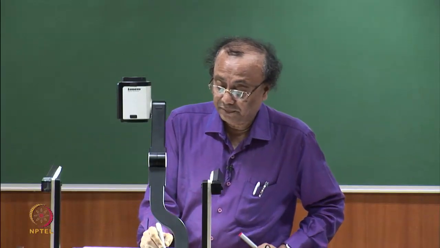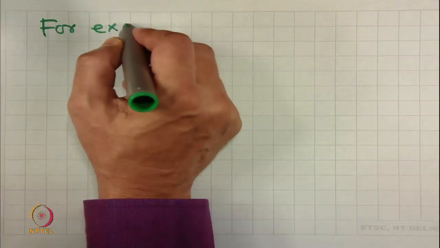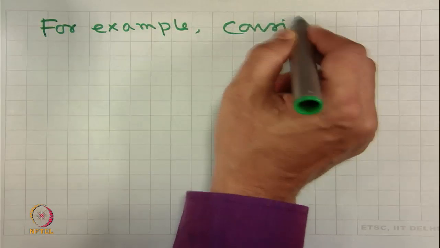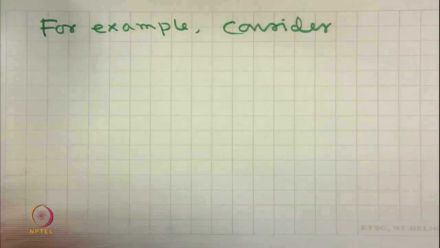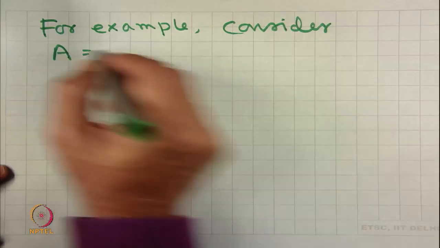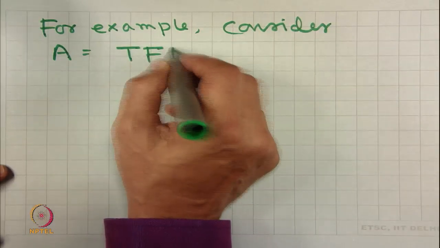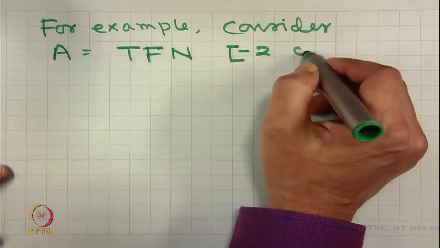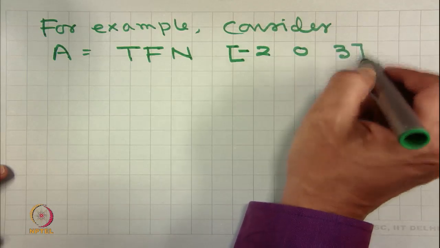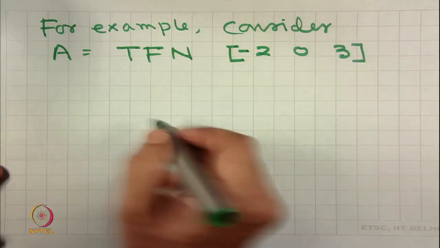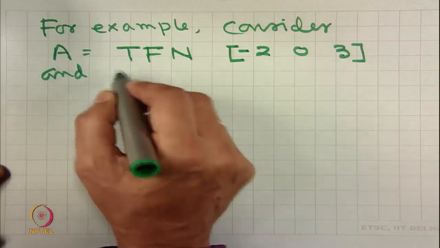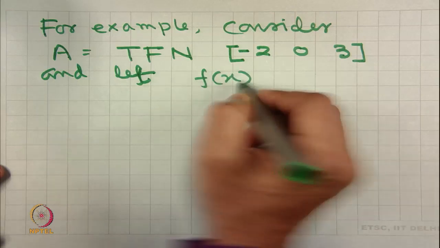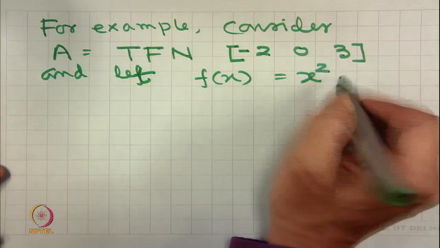For example, consider A equal to TFN minus 2, 0, 3, and let f of x is equal to x square.